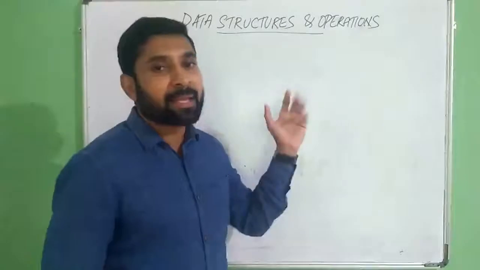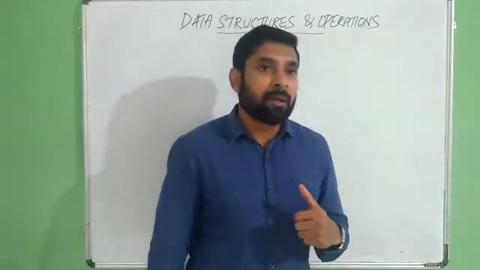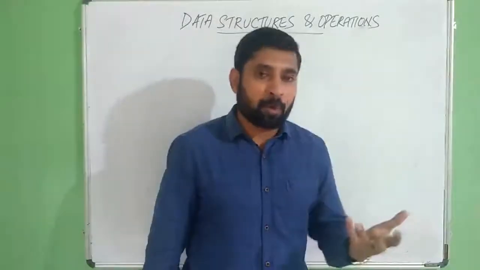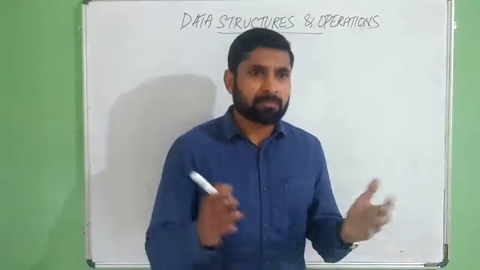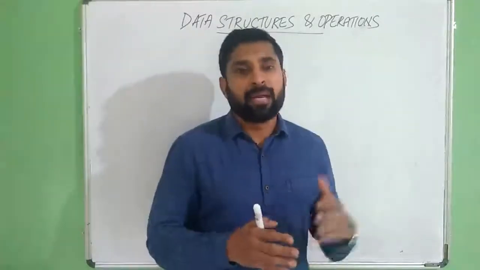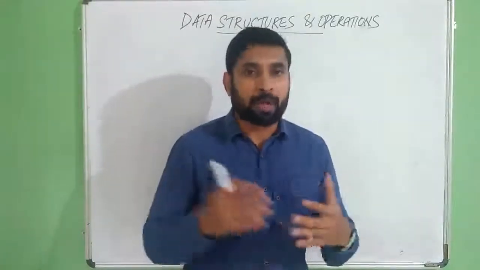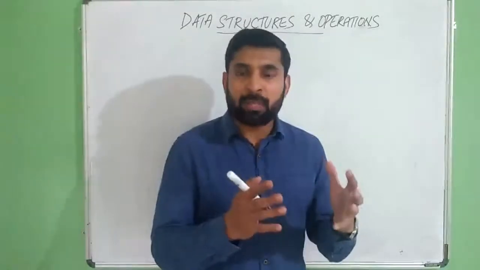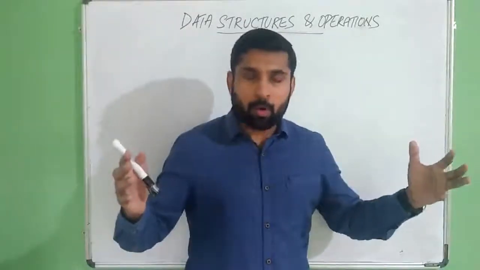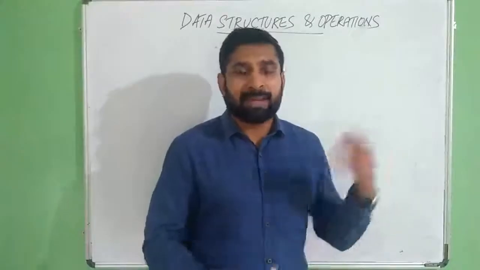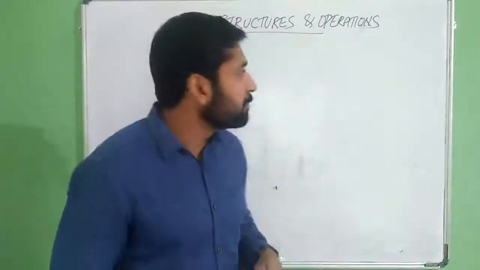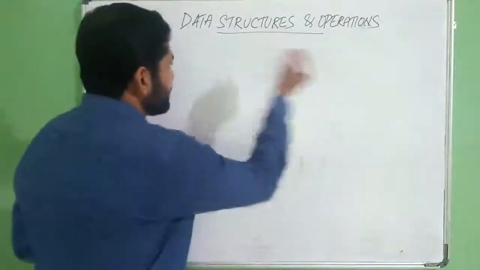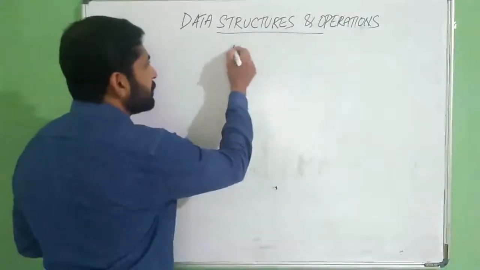This is called actually the data structure. Now, depending upon the complexity, depending upon the memory allocation, depending upon how they grow or shrink in size, data structures can be classified.